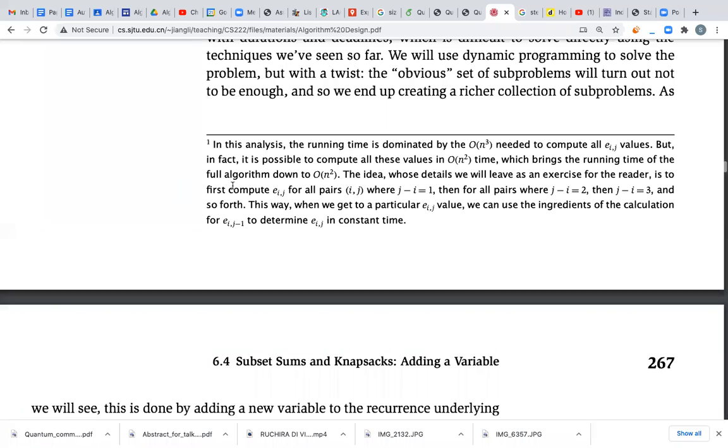So it says that first you compute all the ij pairs where j minus i equals to 1. The total number of such ij pairs is n, and you are spending order n time only for that, but not order n square time.